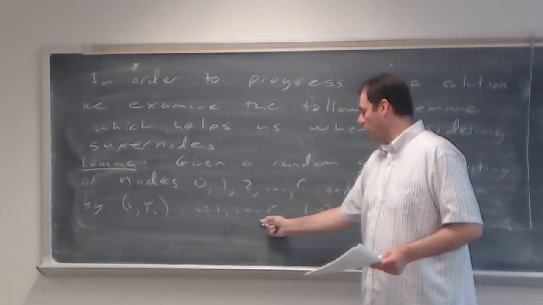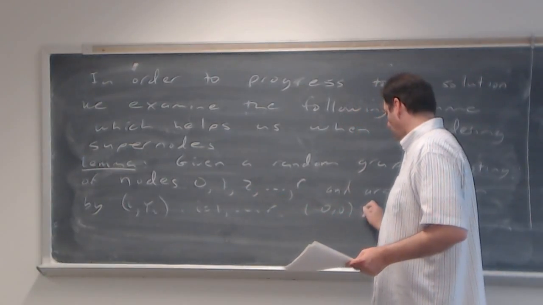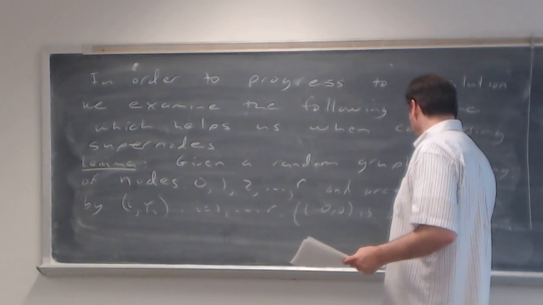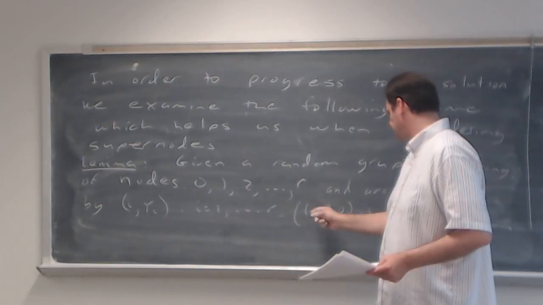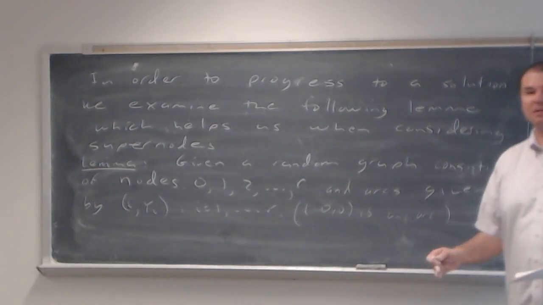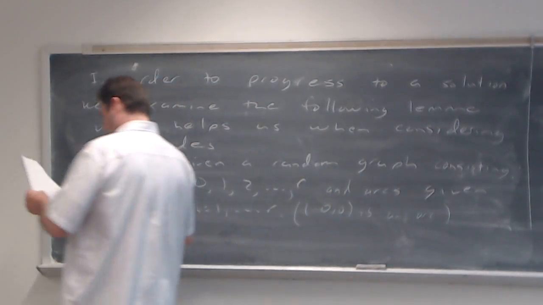Right here, this is R arcs, but we really have R plus 1 nodes. So 0, 0 is an arc. 0, 0 being an arc is the supernode arc. So 0 is like the supernode.